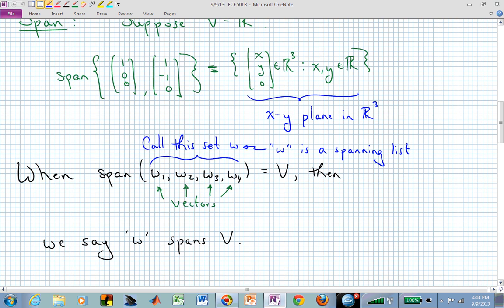If that span fills the entire space V, then by definition we say W, this spanning list, spans V. That's what we mean when somebody says this set of vectors spans V. That means you can get anywhere in that vector space by a linear combination of the vectors in that set.